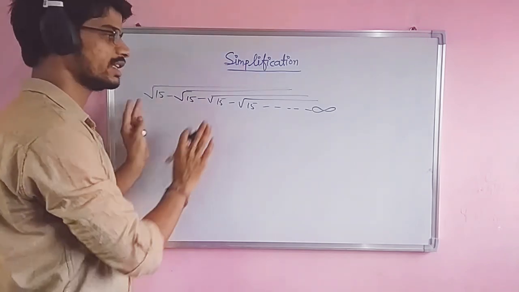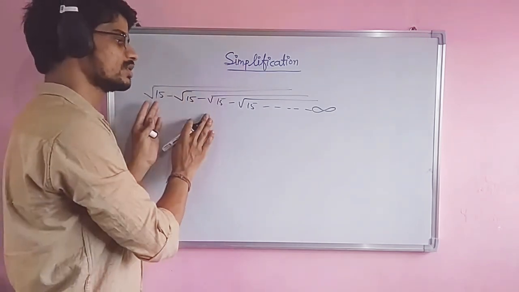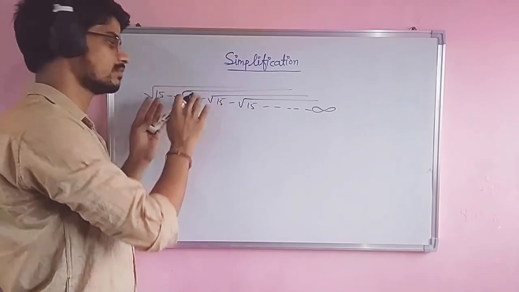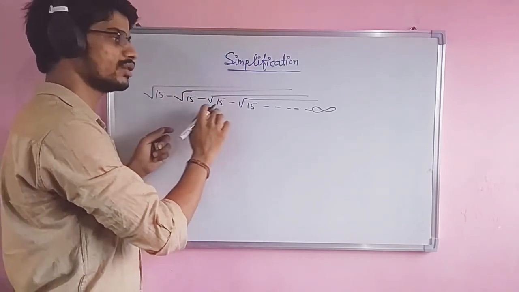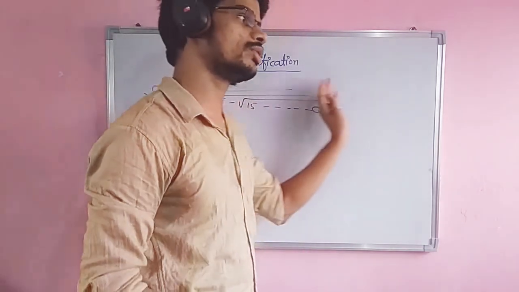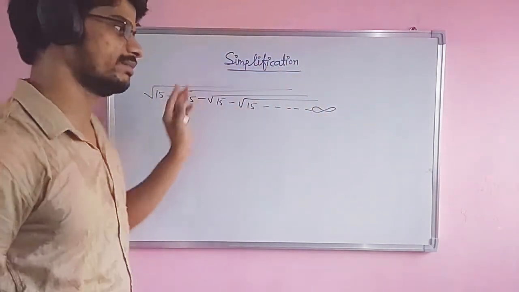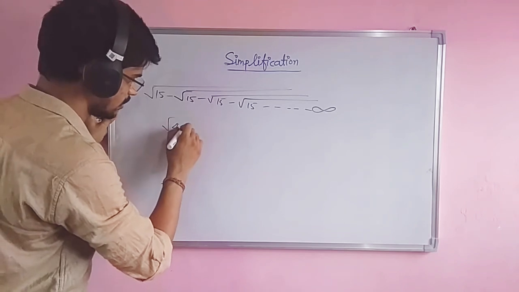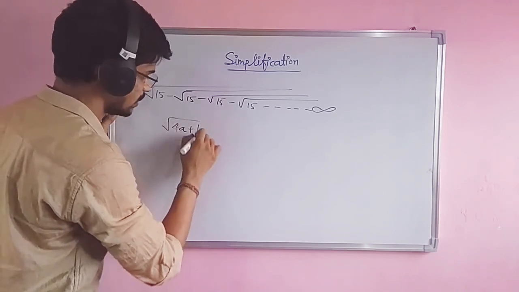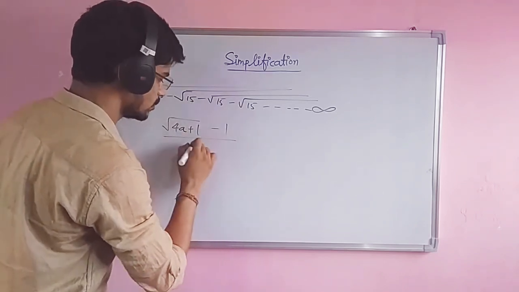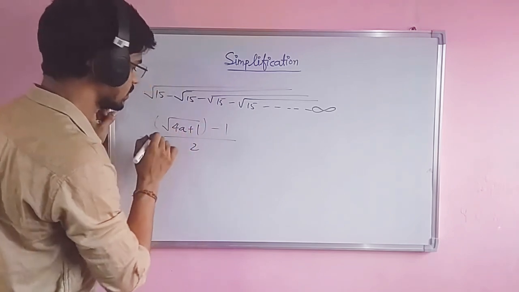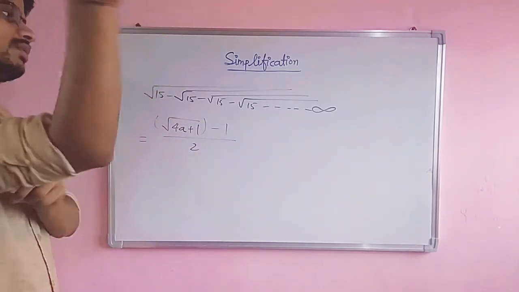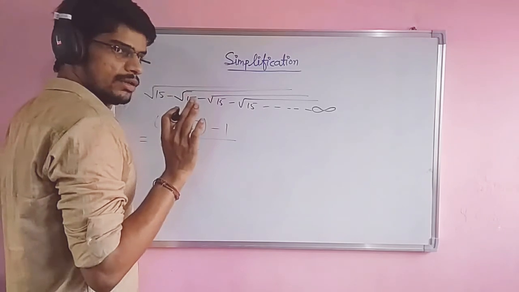We can solve it like we earlier solved under root 2 plus under root 2 plus under root 2 to infinite times. We directly solve by the trick: under root 4a plus 1, minus 1, upon 2. By the trick we can solve in less time.